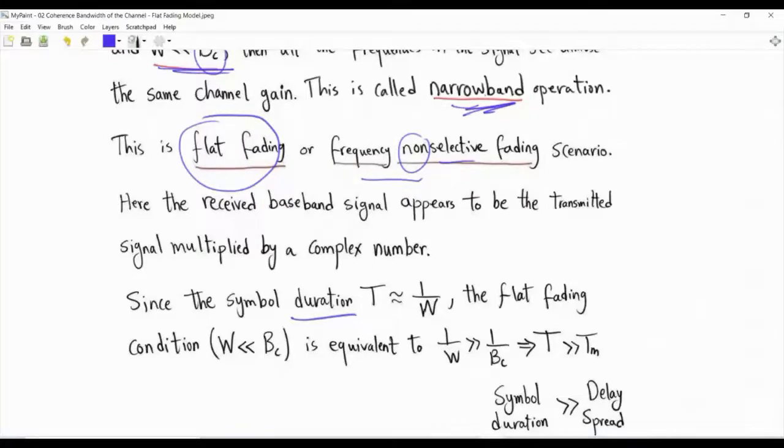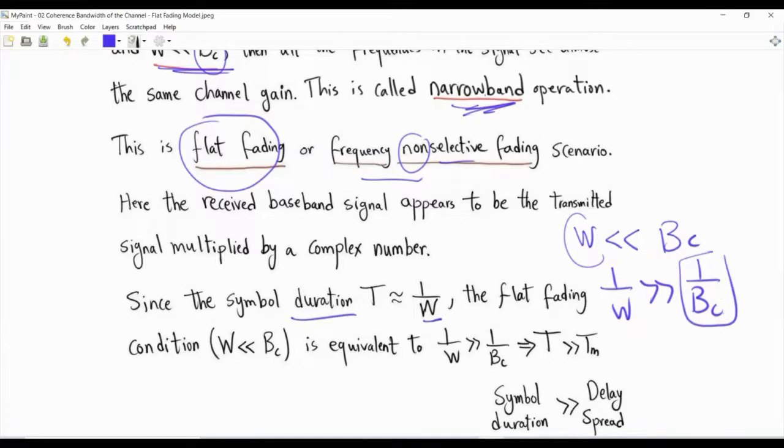The symbol duration is again approximately the reciprocal of the bandwidth of the transmitted signal. Flat fading means that W is much smaller than the coherence bandwidth of the channel. So 1 over W is much larger than the reciprocal of the coherence bandwidth of the channel.